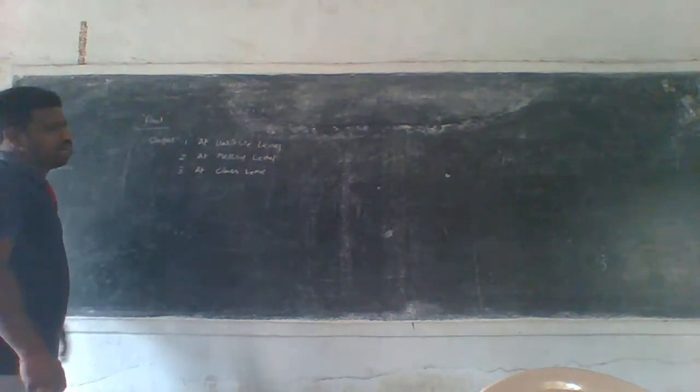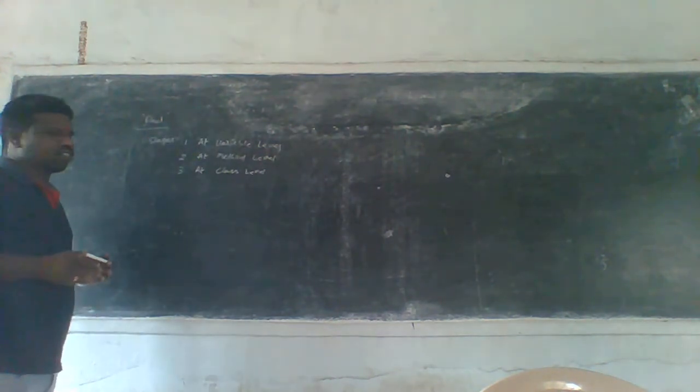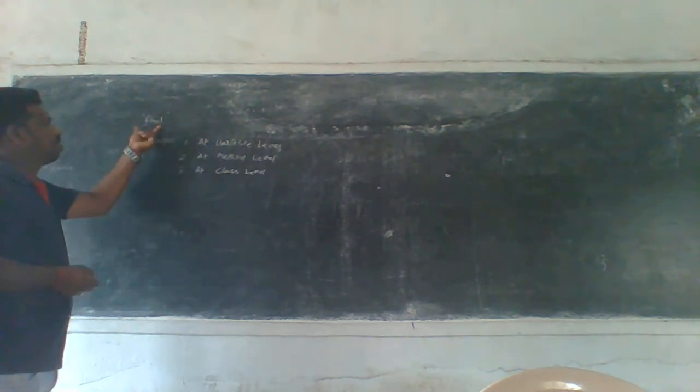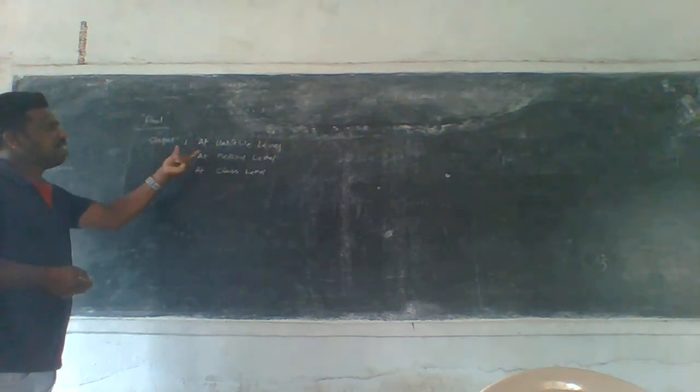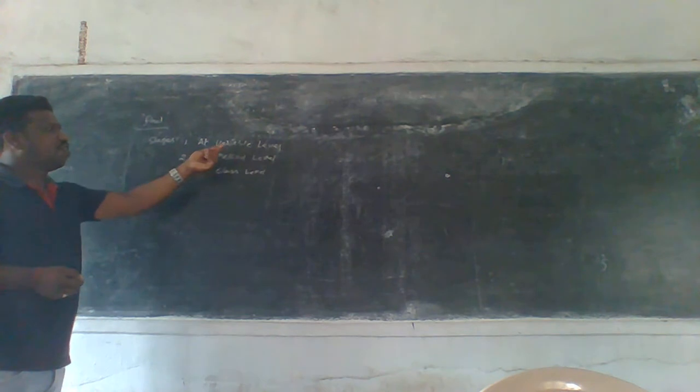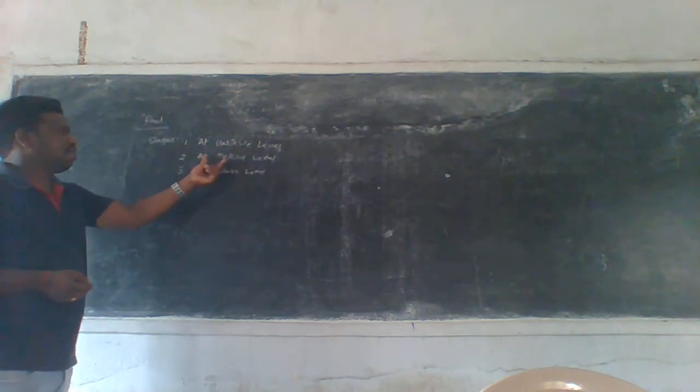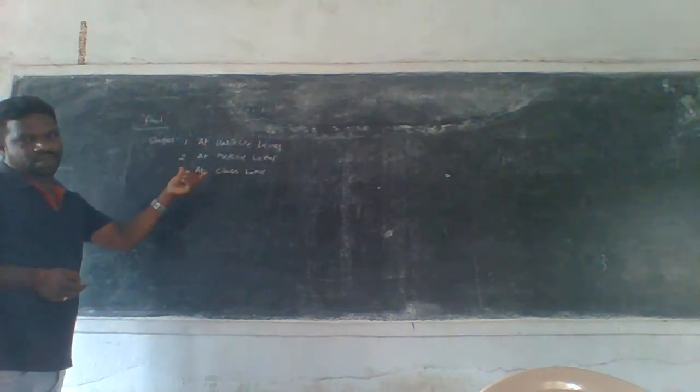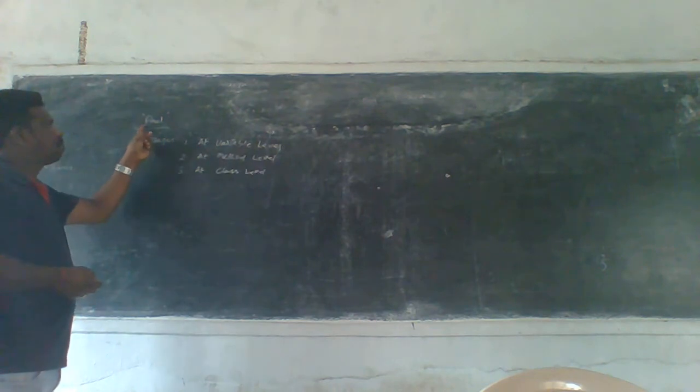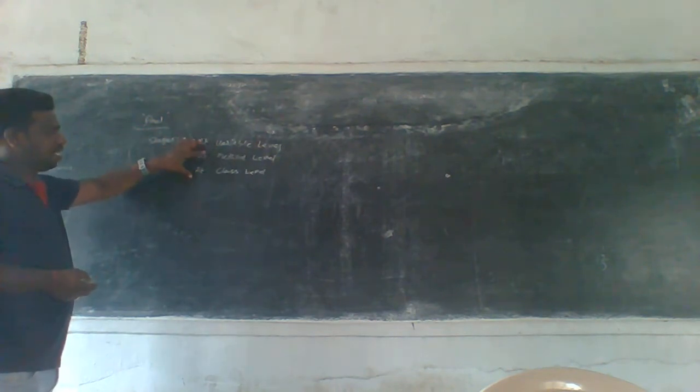By using the final keyword, we can represent constants. So the final keyword is used at three different stages: at variable level, at method level, at class level.